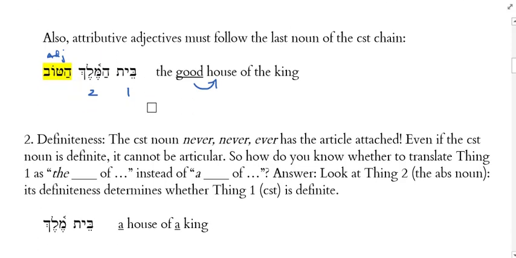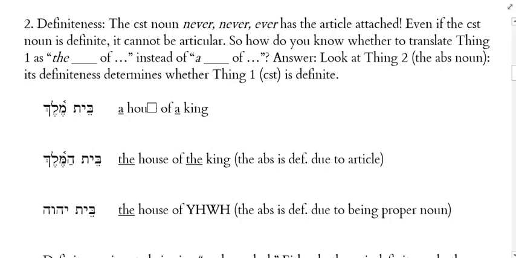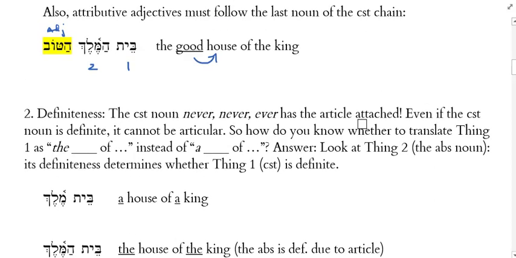All right, let's talk about the second item here. Yes? How do you say the good house of the good king? Well, you probably wouldn't use a construct chain to say that, but I will tell you this. This is ambiguous between the good house of the king and the house of the good king.